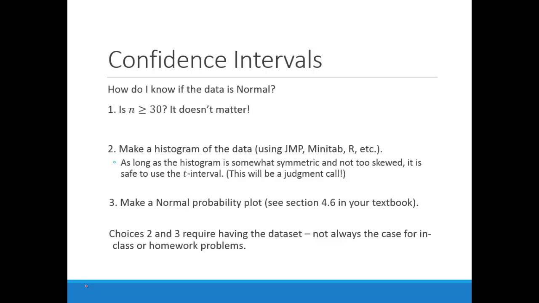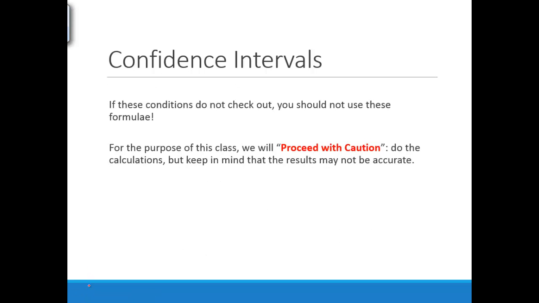There's also something called a normal probability plot, which we're not talking about in this class, but that's another way to check whether you have normally distributed data. Note that the second and third choices require actually having the data set, which is not always the case for your homework problems. In general, you should always have the data set to do these checks on. And again, we'll look at a few examples of this.